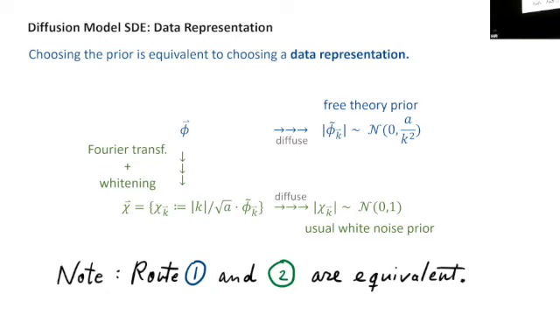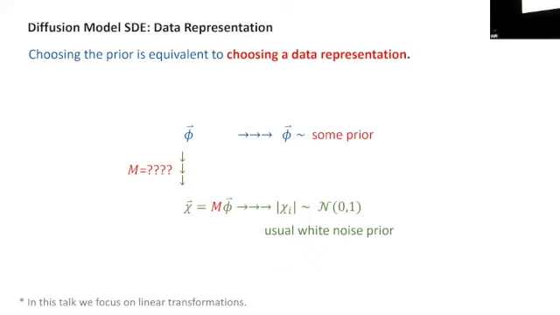That's the same mathematically, okay? So we could reframe the question about which prior to use into the question of which data representation you use to do the diffusion. The next part, we're going to choose the data representation to do diffusion in.